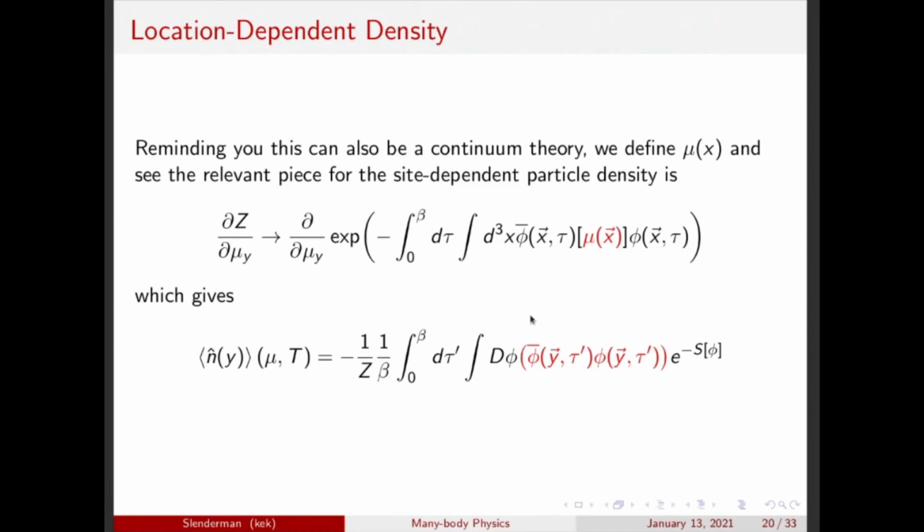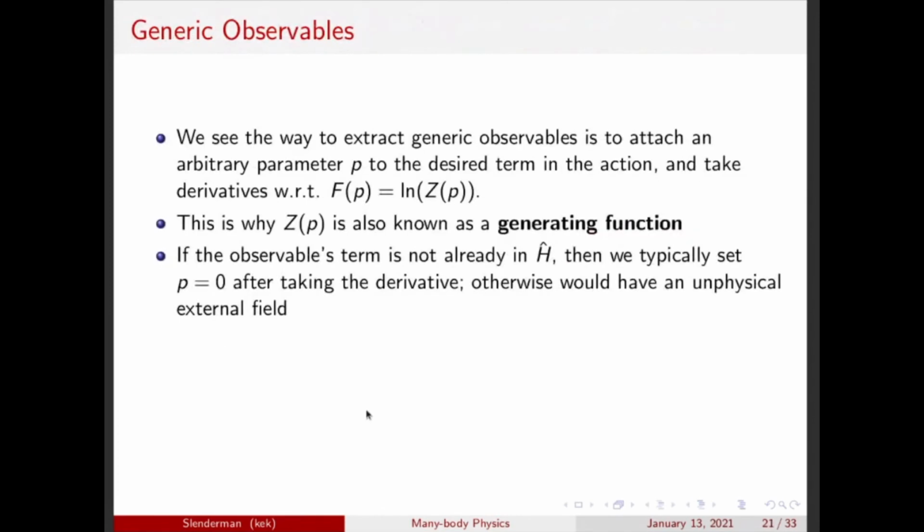So for now, why don't we just take it as given that the particle density at a point is going to be finite. And we'll talk about generic observables. I don't think that we'll actually be talking about superconductivity today because I have a meeting soon enough. But we can finish up this talk on observables.